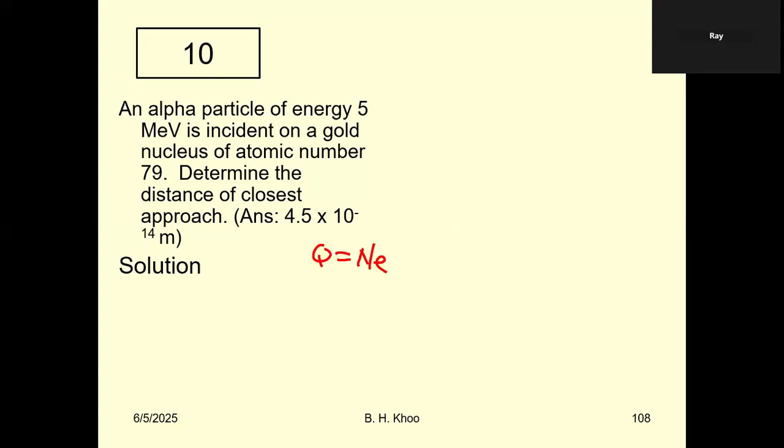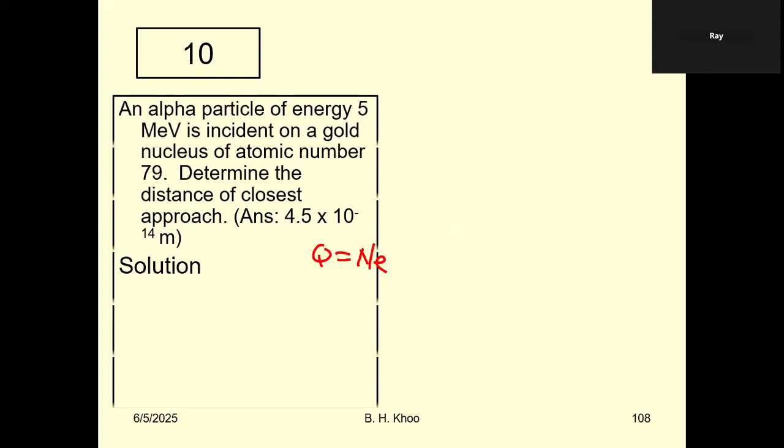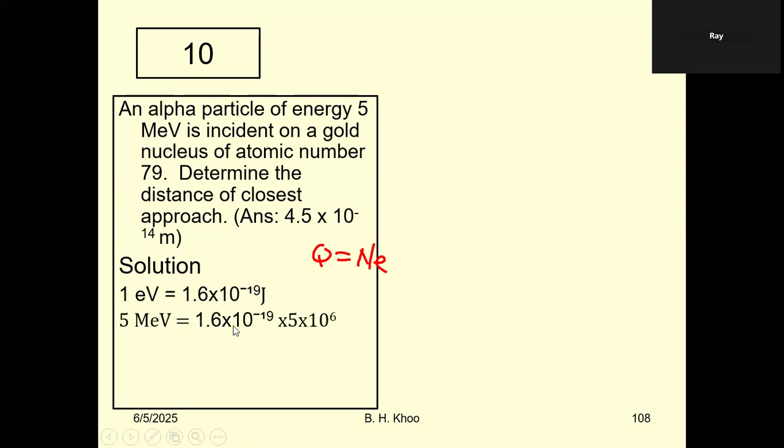That's the distance of closest approach. 1 electron volt is 1.6 times 10 to the power minus 19 joule. That's the energy that you have to convert to joule. 5 mega electron volt is 5 times 10 to the 6 times 1.6 times 10 to the power minus 19. Calculate out, it is 8.0 times 10 to the power minus 13 joule.